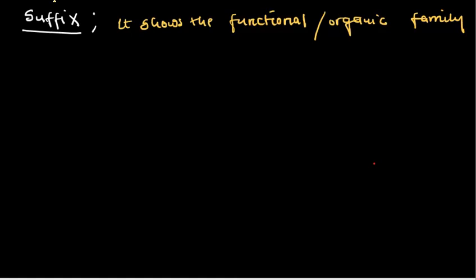It is because of the ending of the name that you can tell it falls under alcohols. Is it an alkane? Is it an alkene? All those functional groups, all those homologous series that we looked at, we can only know the family to which it belongs by the suffix of that name.